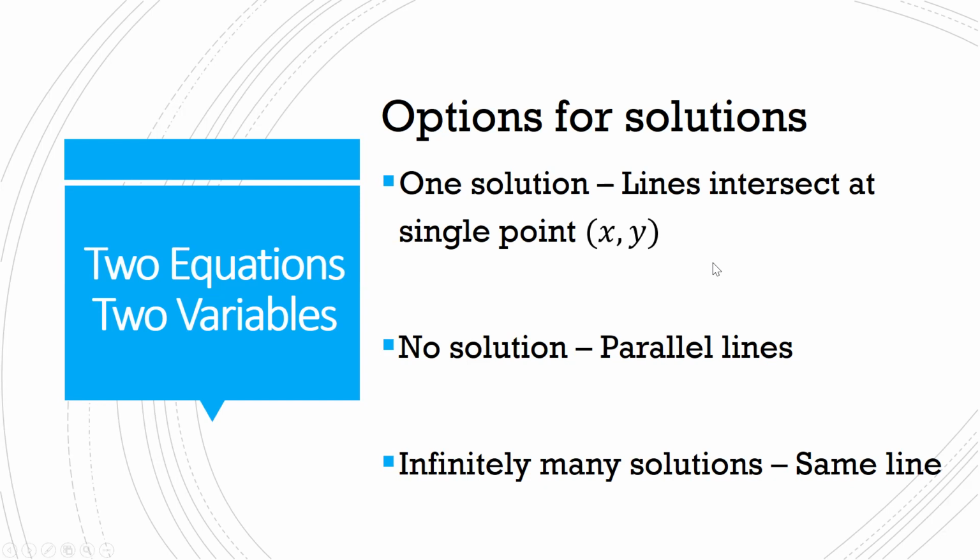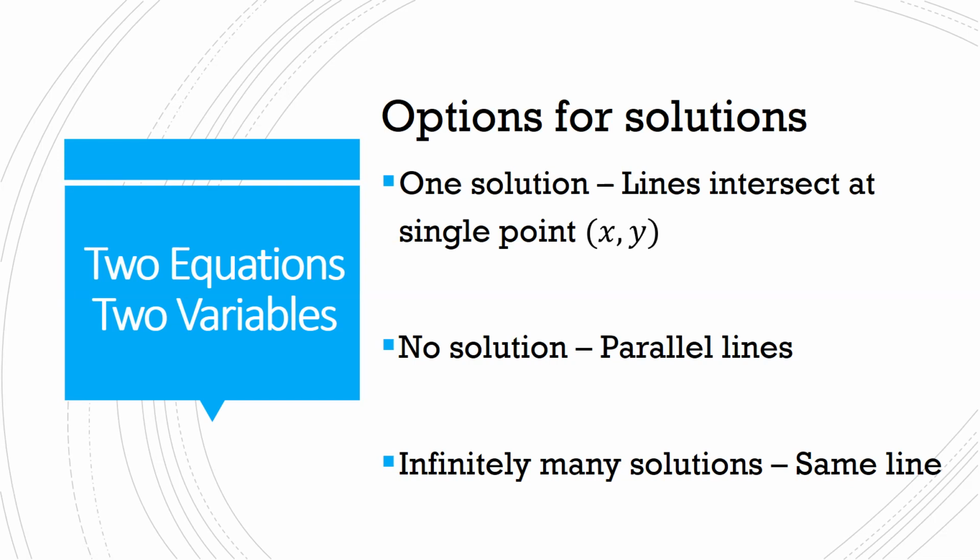Now that is the most common option for solutions. If you're given two linear equations in two variables, most of the time we get one solution. And that's when we have two lines intersecting at a single point, at a single ordered pair.